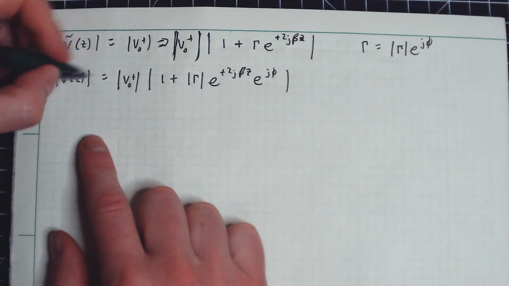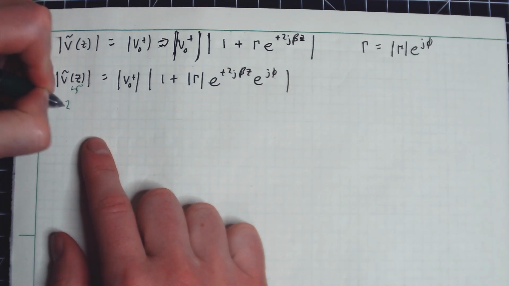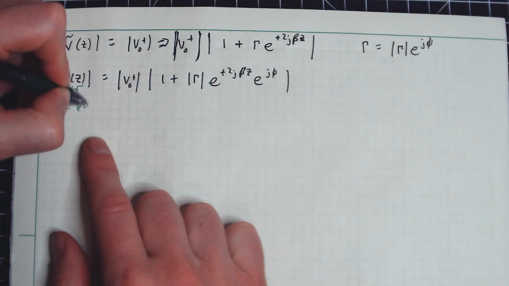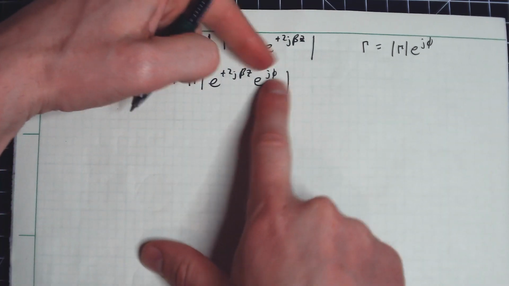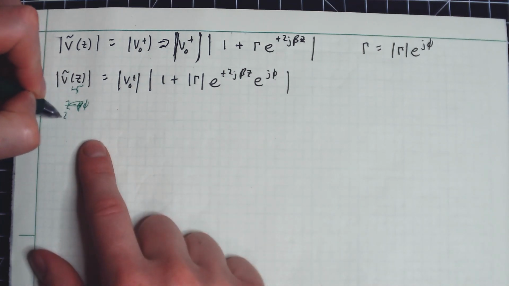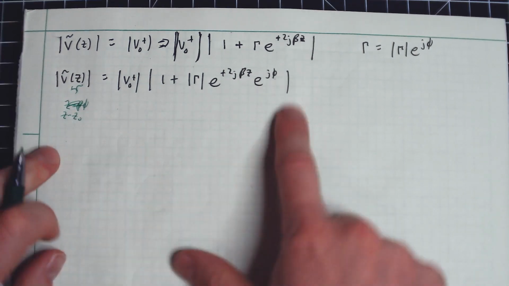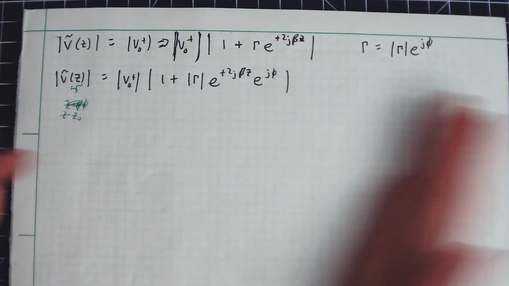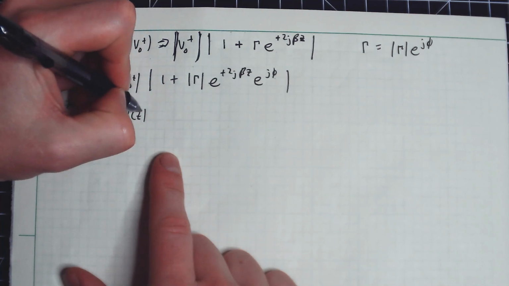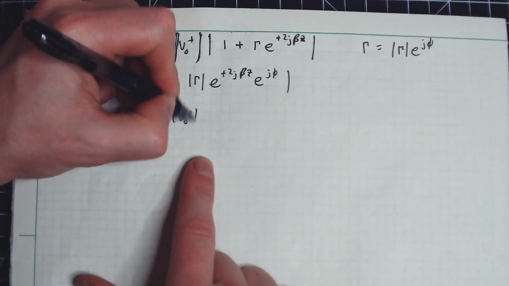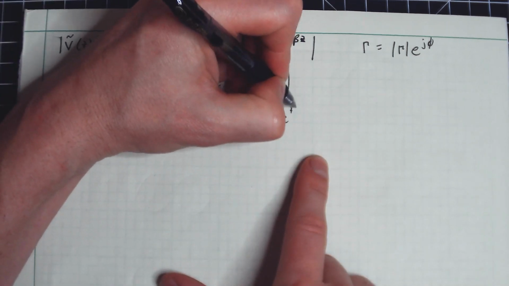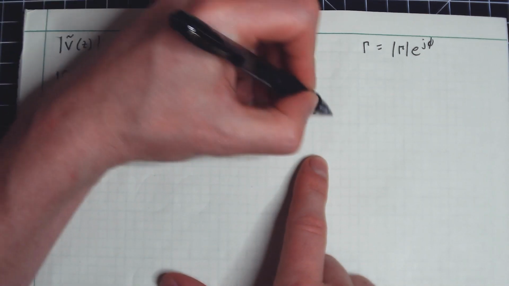You can imagine adding a little offset, like z minus z naught, to negate this phase, so that these cancel. I'm just shifting my coordinates a bit. And I will get the following: V naught plus times 1 plus gamma e to the plus j beta z.